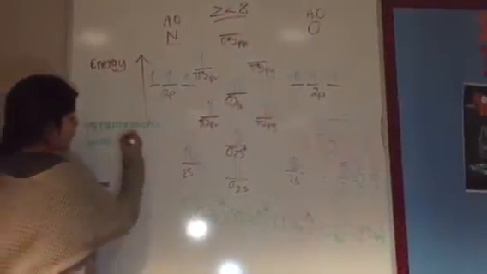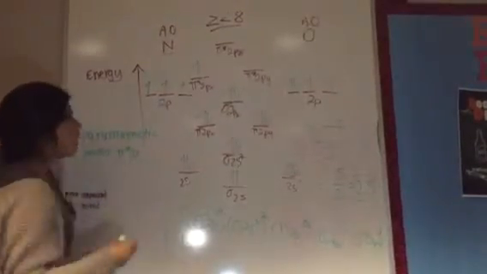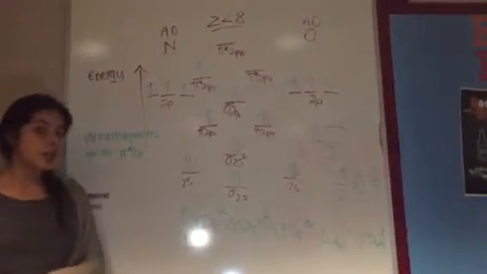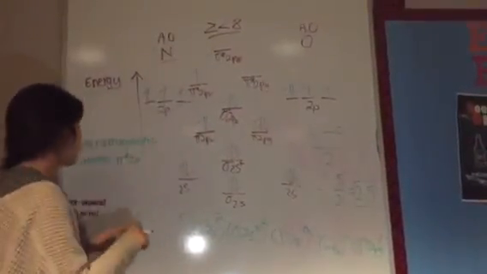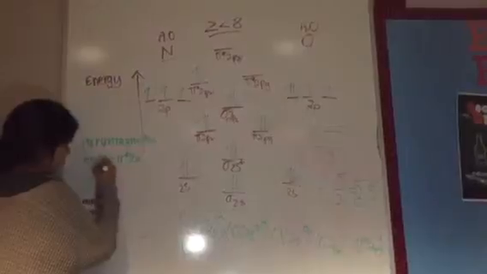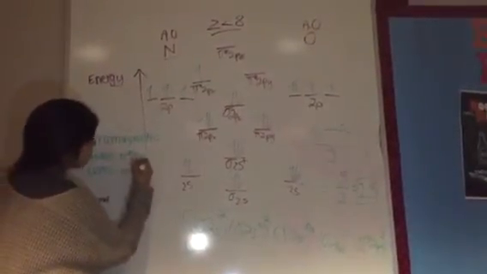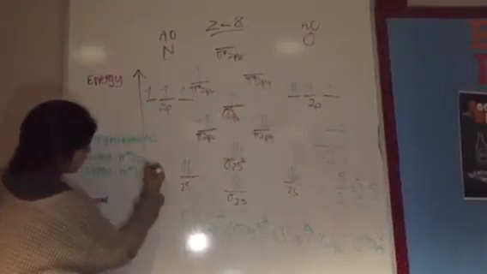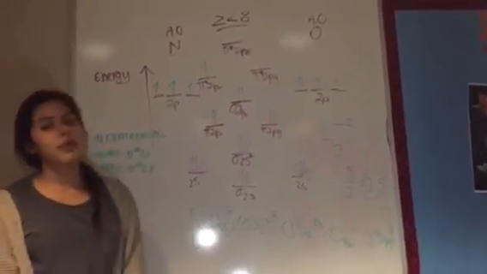So your HOMO would be pi star 2p. And your LUMO, it means lowest unoccupied molecular orbital. So that would be your sigma star 2p. So right here you'd write LUMO, sigma star 2p. And those are all the questions you could get from molecular orbital theory.